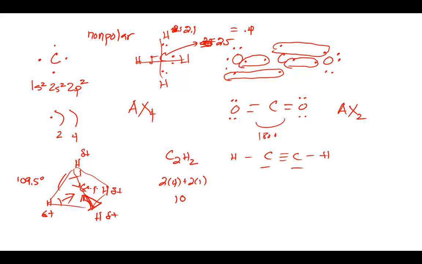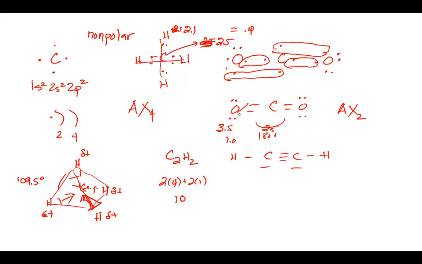So we look at something like carbon dioxide. We'd also see that oxygen has an electronegativity of 3.5, and carbon is 2.5, for a difference of 1.0. So that's a more polar bond.